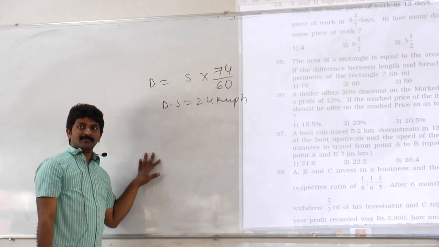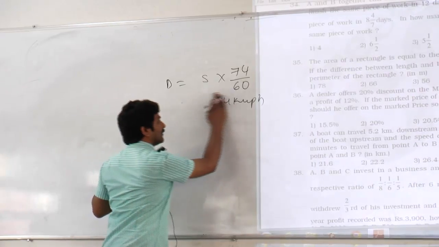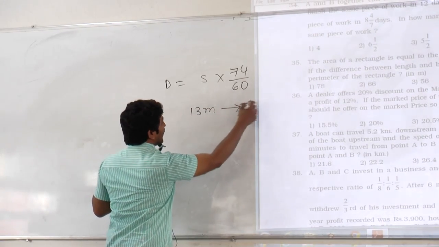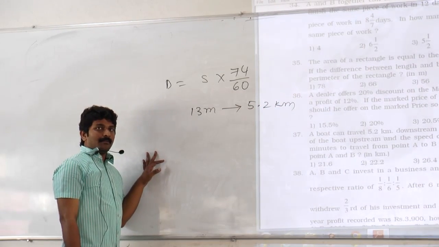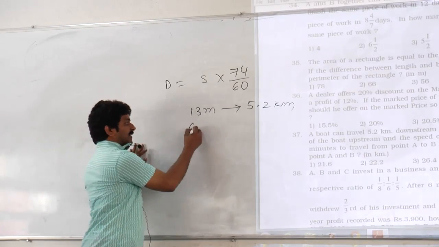Understand? In 13 minutes, it can cover 5.2 kilometers. But you need to know the speed in kilometers per hour. Per hour means how many minutes? 60 minutes.